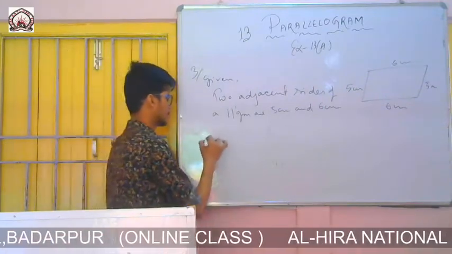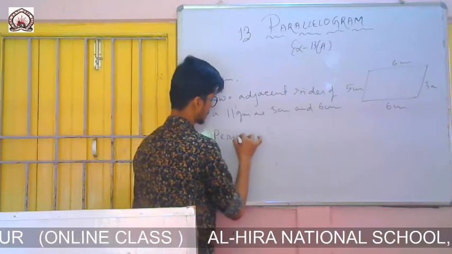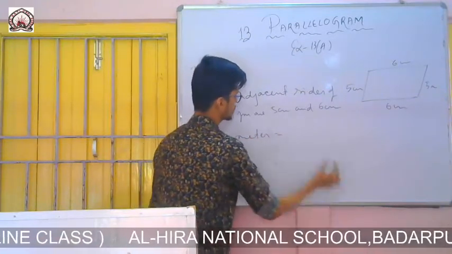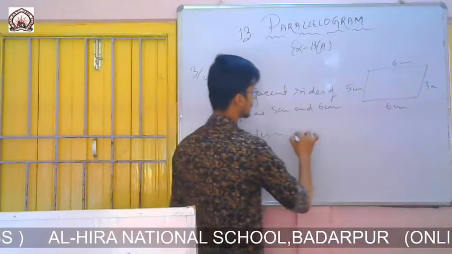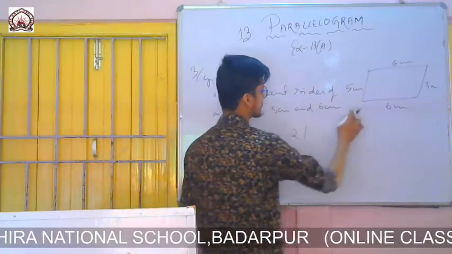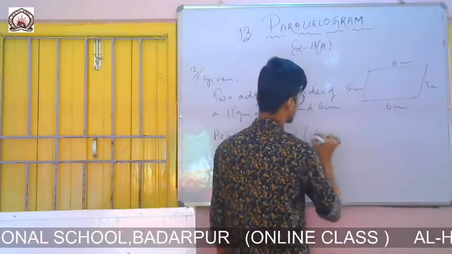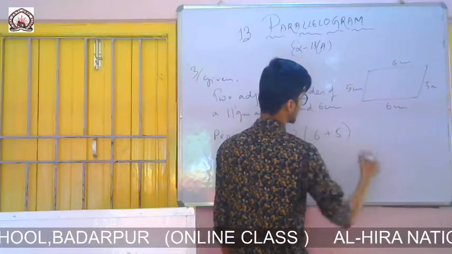So we know the formula of perimeter. Perimeter equals 2 into the sum of adjacent sides. One side is 6 centimeters, another side is 5 centimeters.